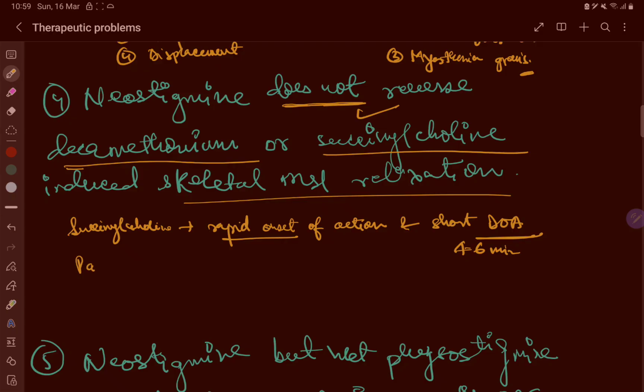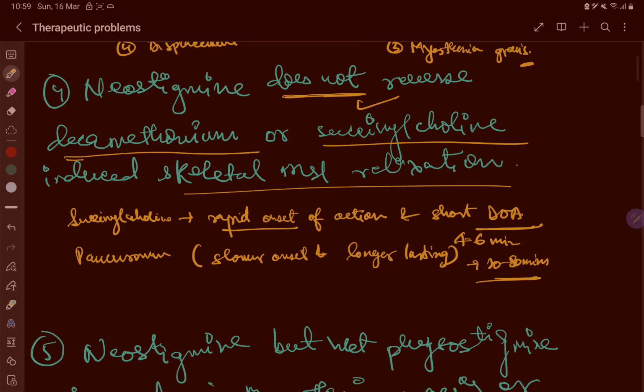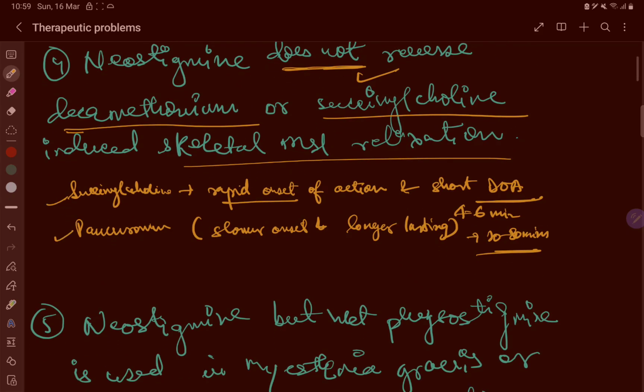And pancuronium, on the other hand, has a slower onset and longer lasting action, from 20 to 80 minutes. So here comes the catch: neostigmine reverses the non-depolarizing blockers, but succinylcholine is basically what?